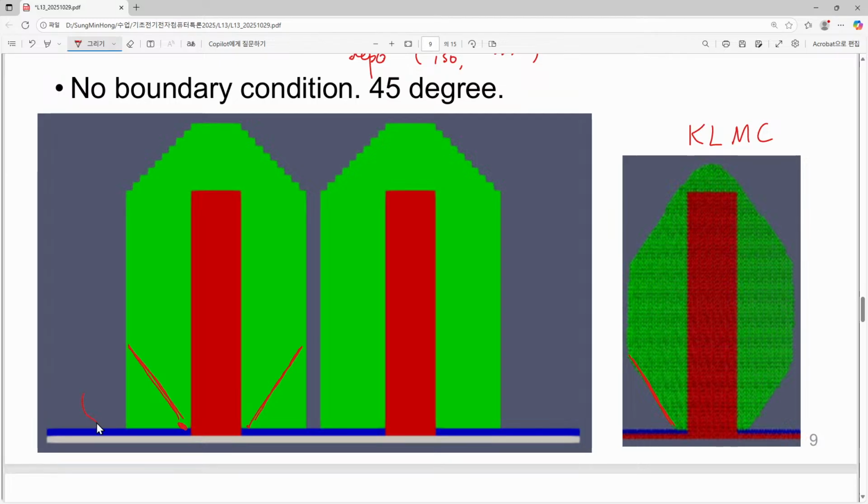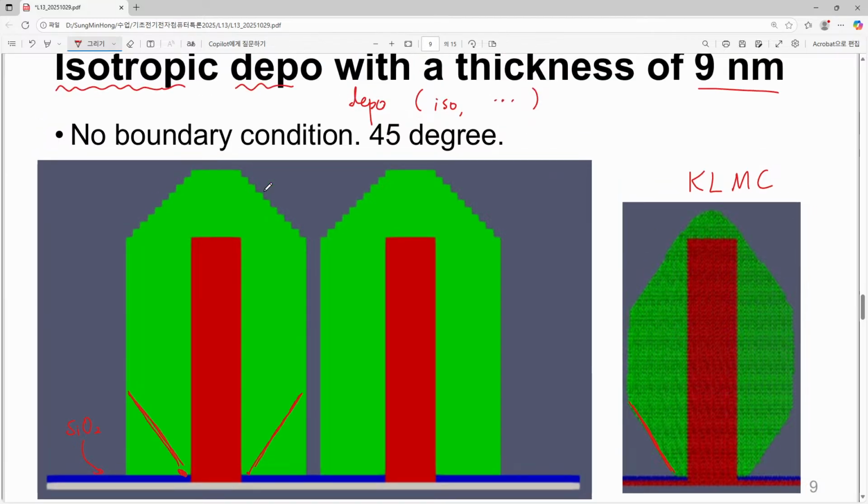Here we have silicon dioxide corresponding to the STI. So we must suppress growth along this direction, but that cannot be considered in our implementation of isotropic deposition because it doesn't care about its neighbors.